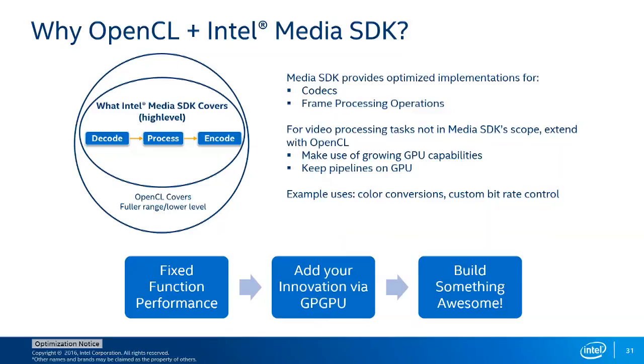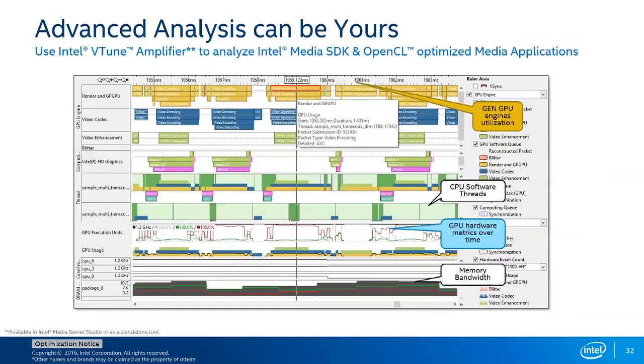So that lets you use even more of what's there on the GPU. You can do things like add your own algorithms to improve quality or do custom frame processing, and you can keep your pipelines on the GPU. Also wanted to point out that VTune can be an excellent tool, and it can actually give a great view of the concurrency, the heterogeneity of what you're doing.